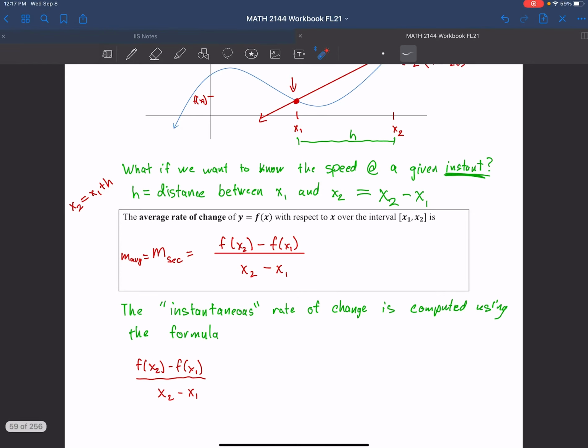It is the distance between x2 and x1. All right, so the next step would be f of x1 plus h. I've substituted x2 with that equality, minus f of x1, and then we divide by x1 plus h minus x1.